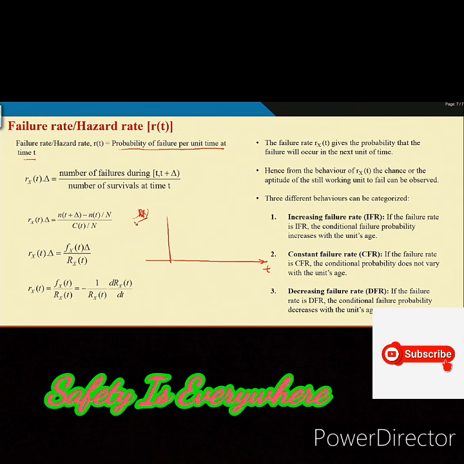We are interested in finding out, suppose the unit survives till time t, then we create another time interval delta, so this point is t plus delta. This is the probability that the unit that survived up to time t will fail within this small interval delta t. That is the hazard rate.